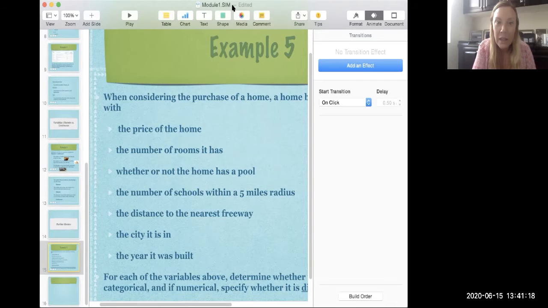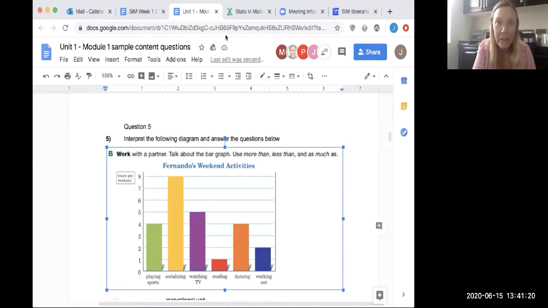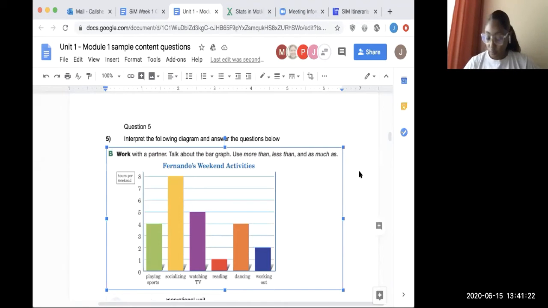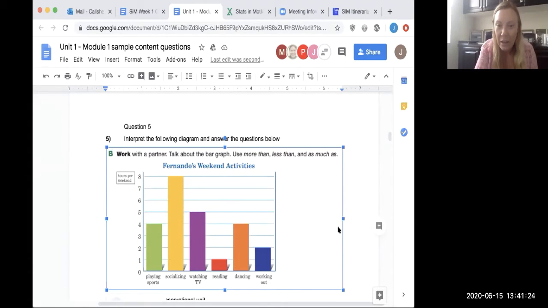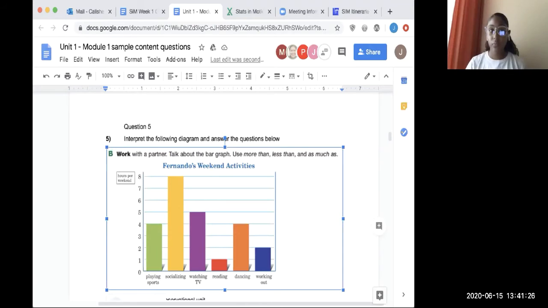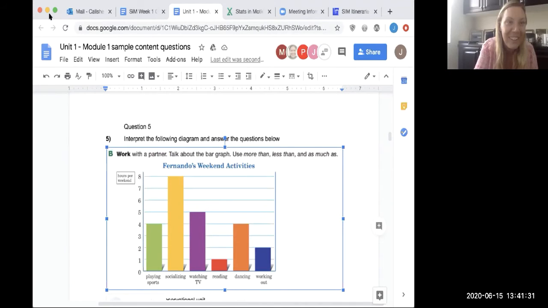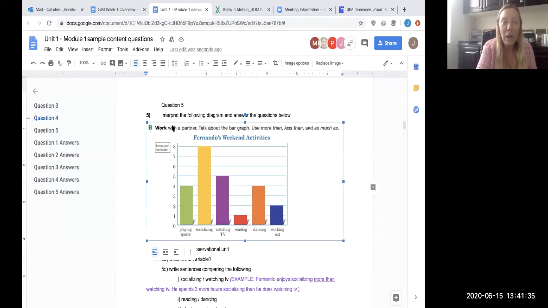Okay, we'll see if this works. Can you see the bar graph? Yeah. Can you see my whole screen or just the bar graph? Full screen. The whole screen. So you can see that I have a million things over here.